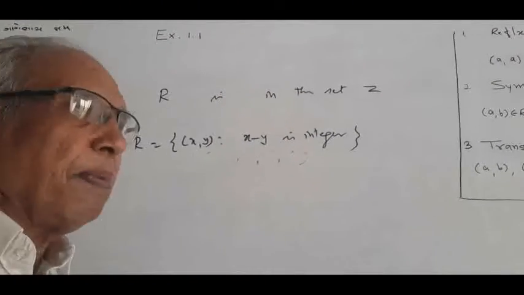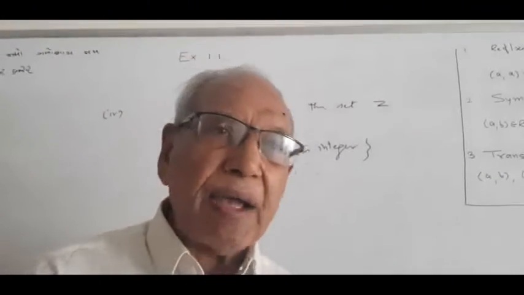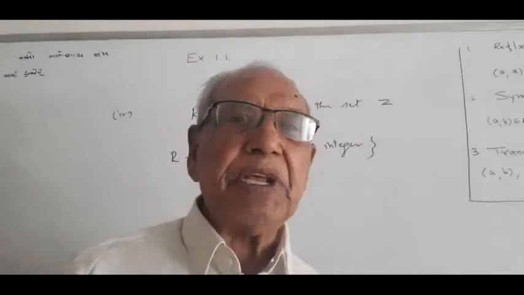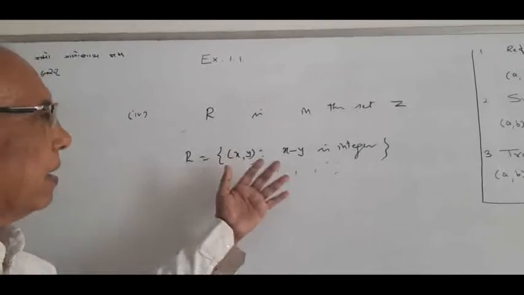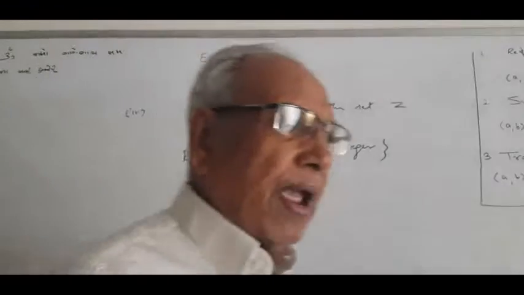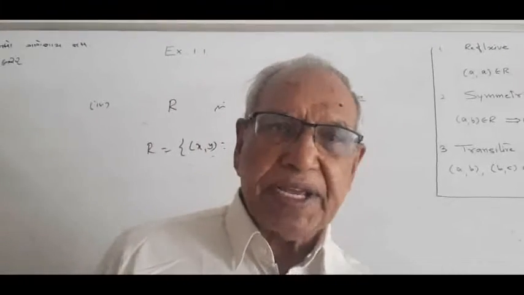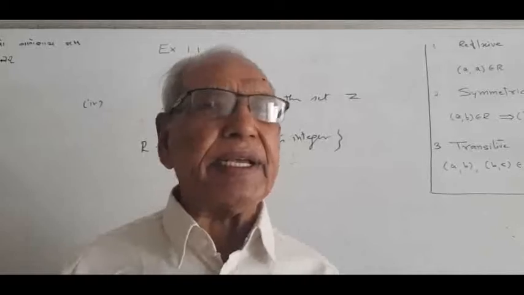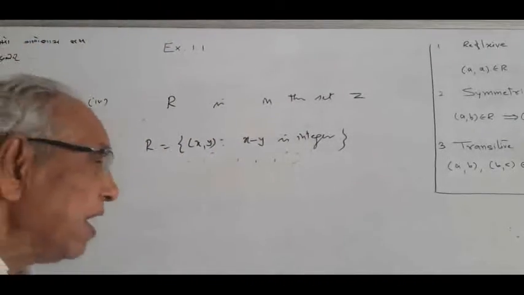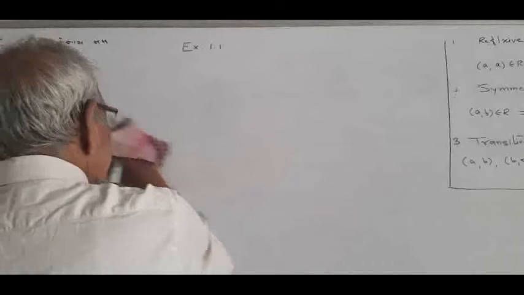When (x, y) belongs to R, means x minus y is an integer, then y minus x is also an integer, means (y, x) belongs to R. Therefore, the relation is symmetric. Now, if (x, y) belongs to R and (y, z) belongs to R, means x minus y is an integer and y minus z is an integer, therefore x minus z is an integer, so this relation is transitive.